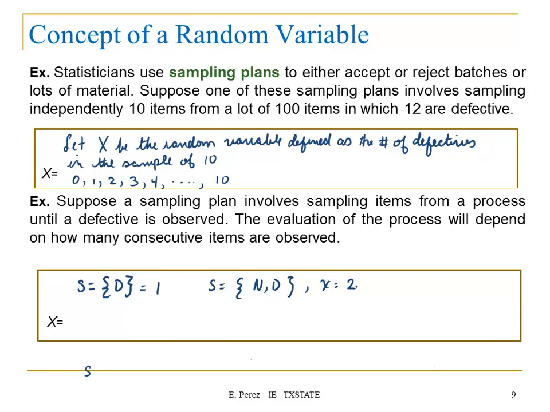And you can repeat that. If we go back to these numbers, you can repeat that until 88. So you can get until 89 until you find the first defective. So your random variable can have values from 1 to 89.